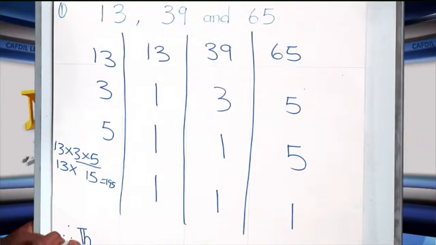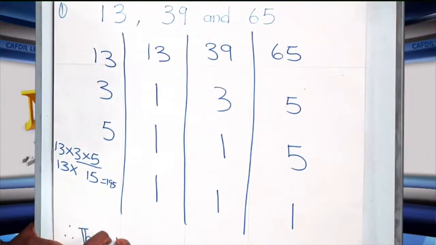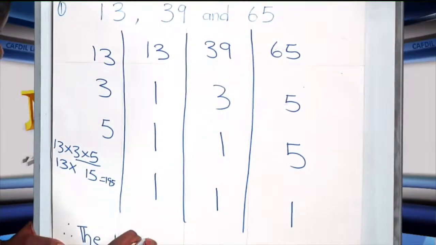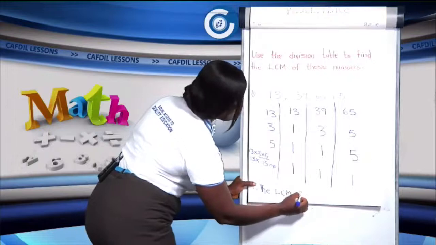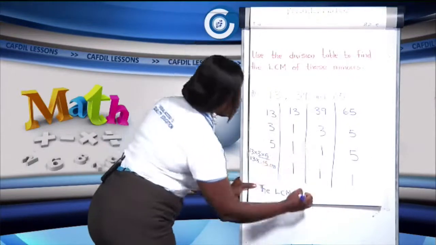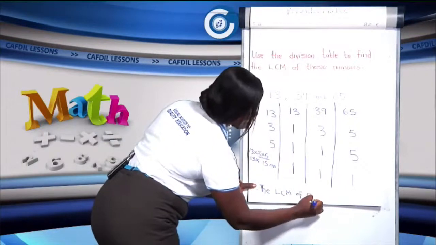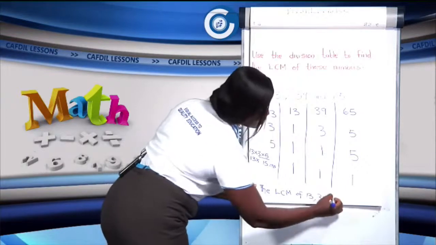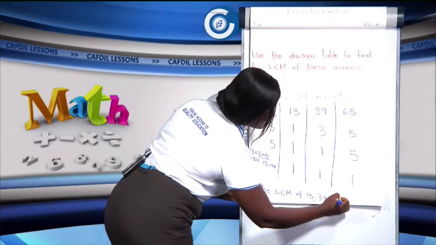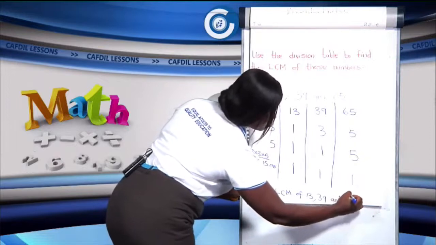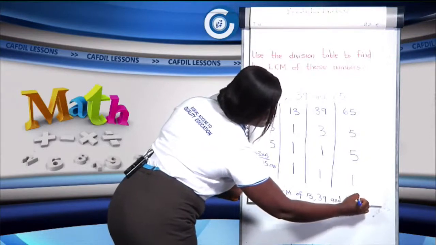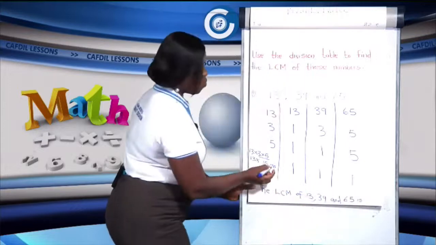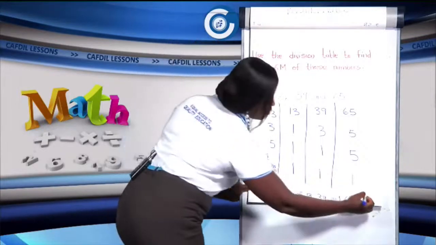Therefore, the LCM of 13, 39, and 65 is 195.